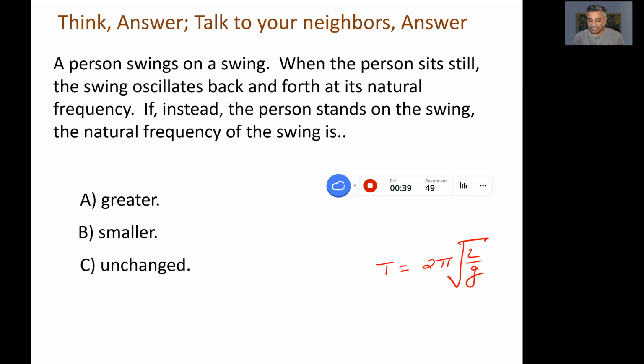Oh, 30 more seconds. And 5 more seconds. 5, 4, 3, 2, 1, and it stops.